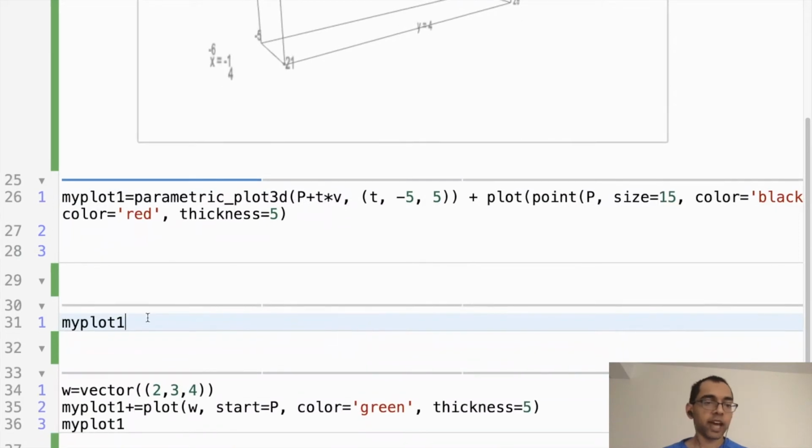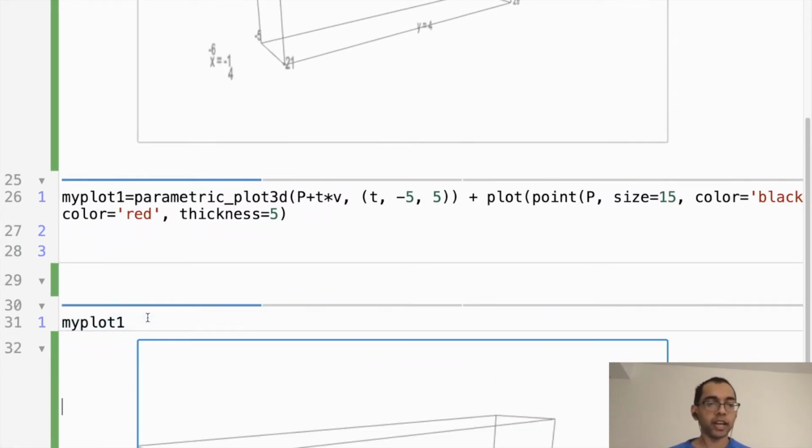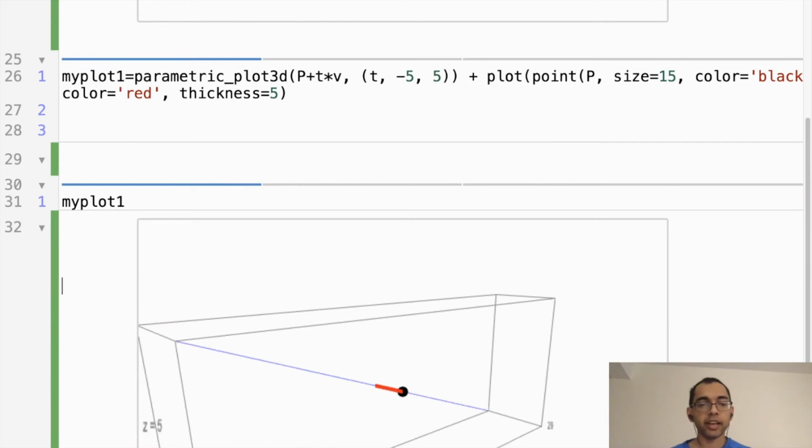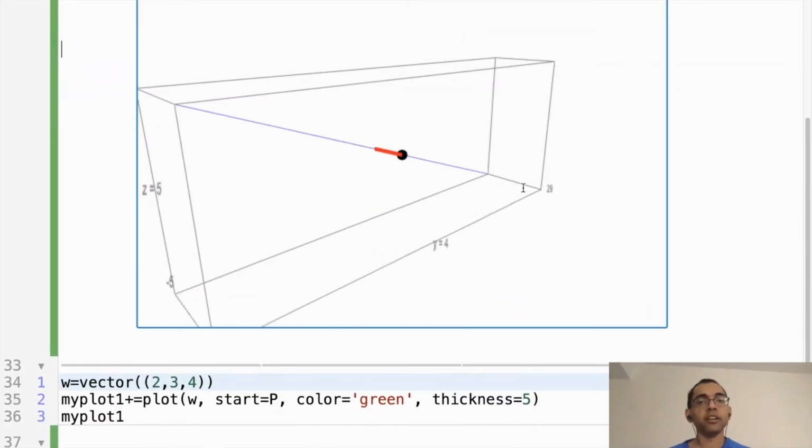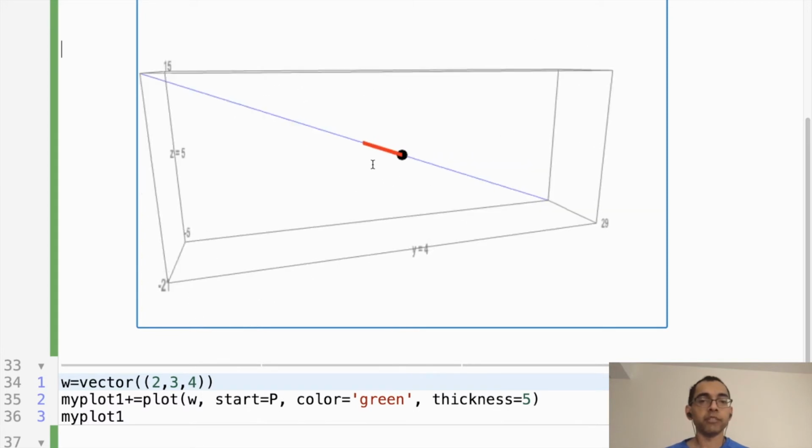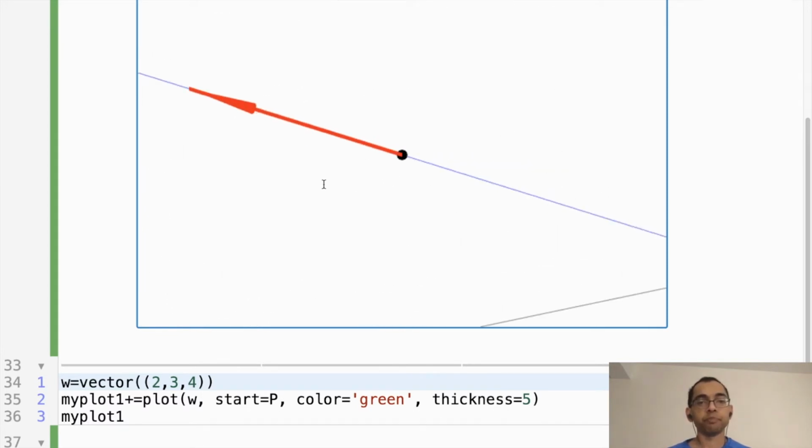Okay, then that has stored my plot1 as a plot, and now let's see what my plot1 is. And okay, so we see that now we've added to that line the point P that we were given and the vector v.